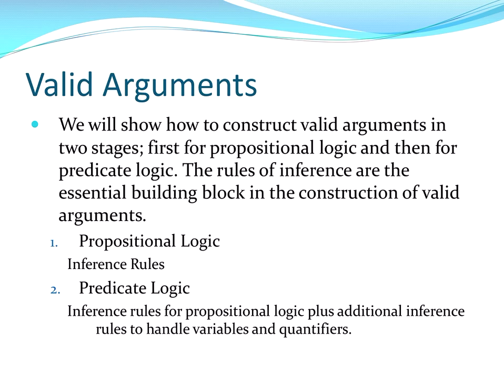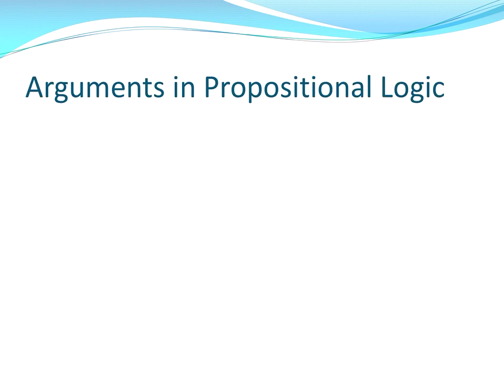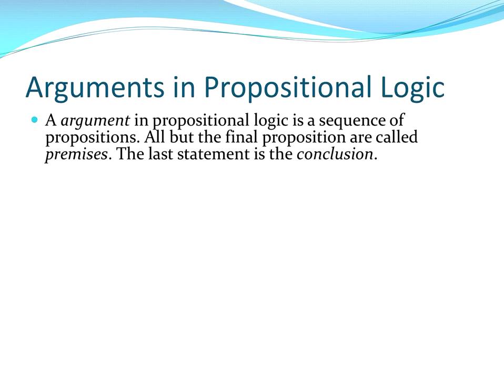So we're going to basically show how to construct arguments. Earlier we had done proofs using equivalences. Now we're going to use inference rules, and then we'll be able to extend those to predicate logic and quantifiers as well. Okay, so we've kind of talked about this a little bit. An argument is a sequence of propositions.